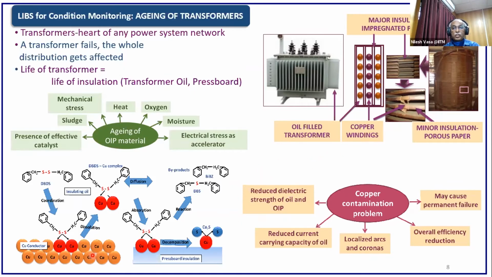And the reason behind this is, when this oil impregnated pressboard becomes contaminated, basically what happens is, the oil impregnated pressboard covers or surrounds the copper wires, etc. If copper contamination comes into the picture, it penetrates through this pressboard and produces some harmful effect.